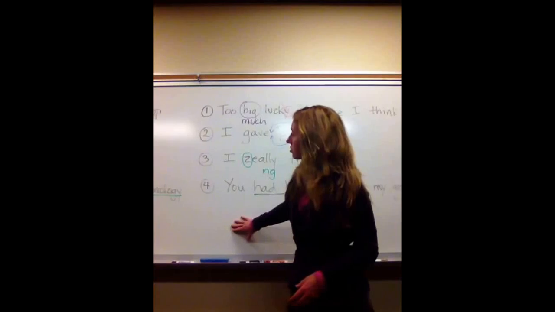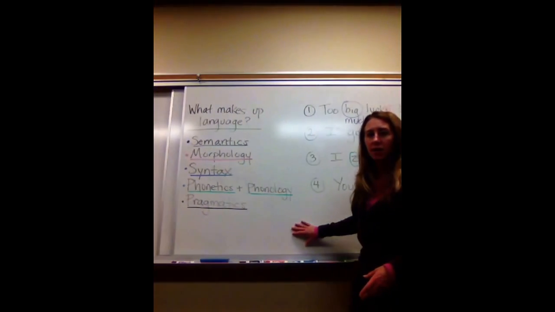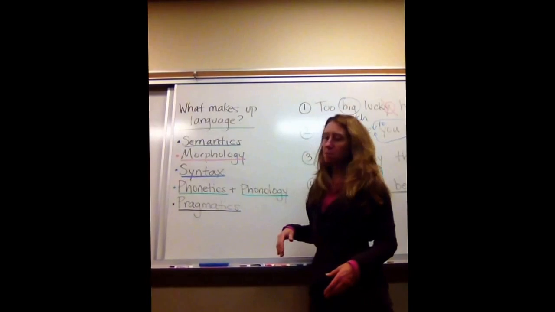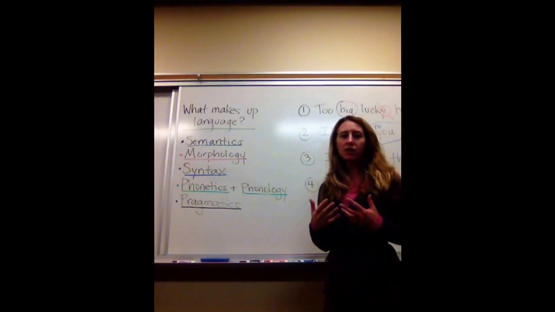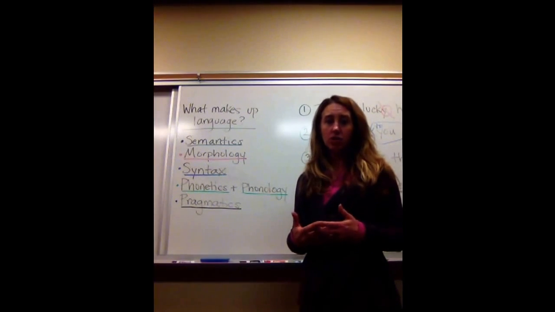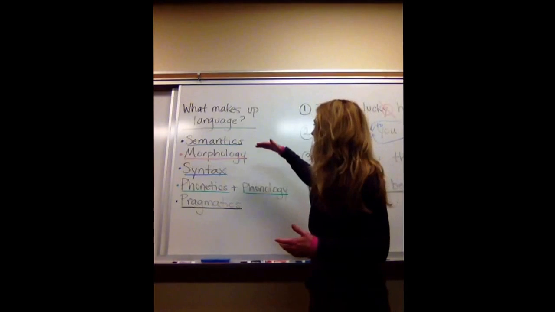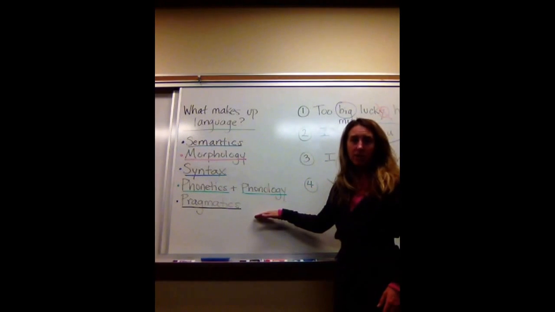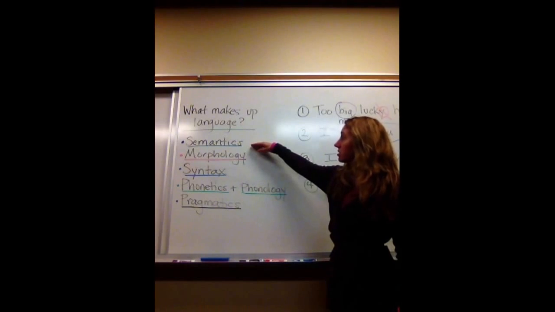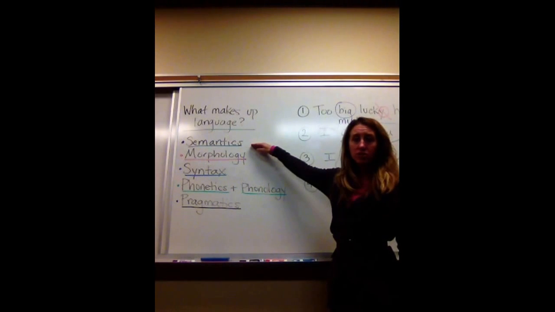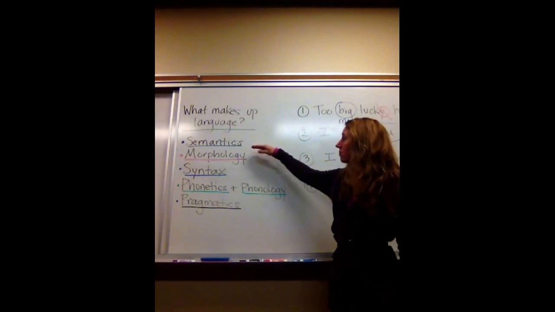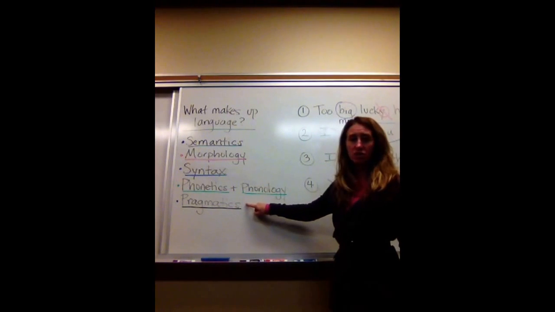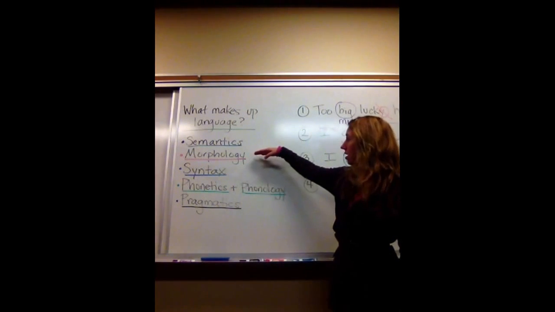So let's go back to our list here. When we talk about what makes up a language, what is it that someone's actually learning when they're learning a language? These are the pieces that we're now going to tackle in this unit. Semantics, the meaning of words, the use of words, the appropriateness of words, which also touches on pragmatics as well.